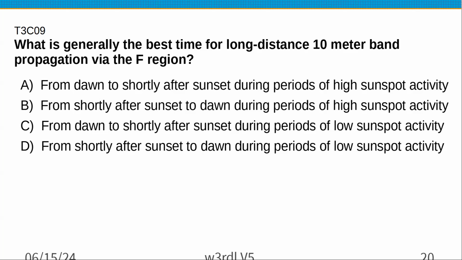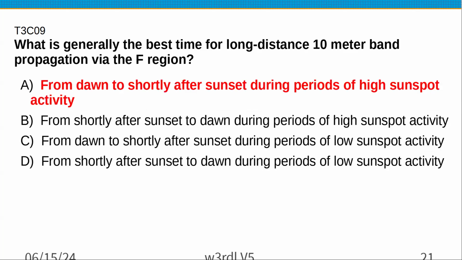Well, let's see. The two key possibles are high sunspot activity, alpha and Bravo. Okay. Low sunspot activity is not the best time for long distance 10-meter band.